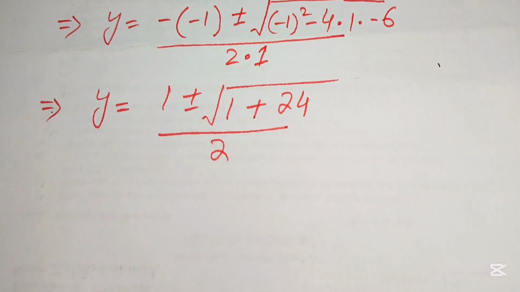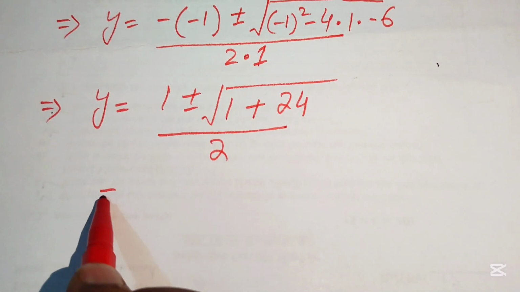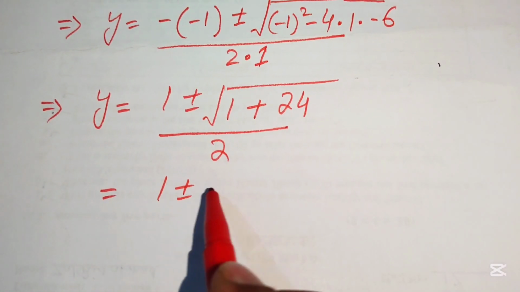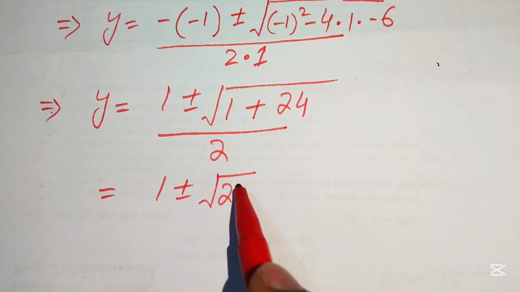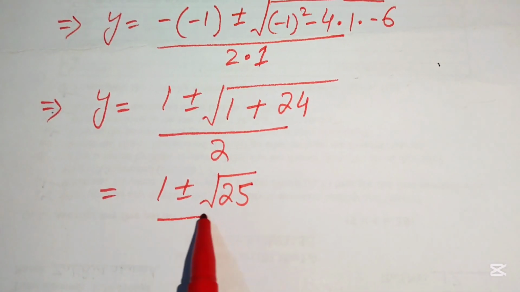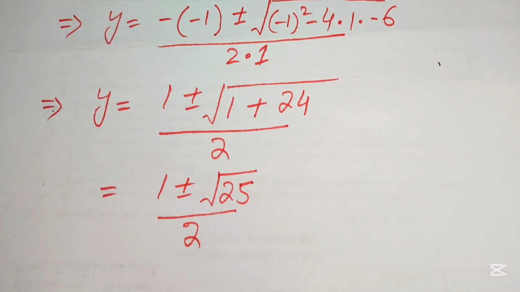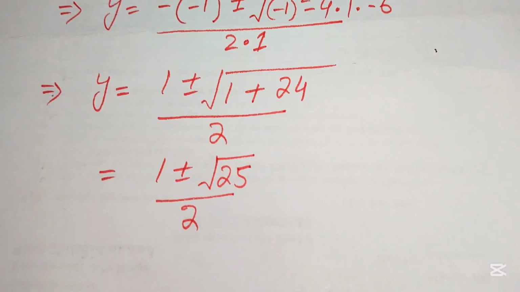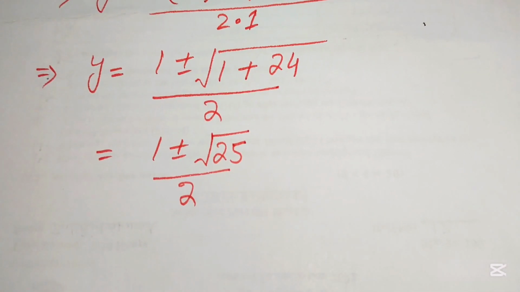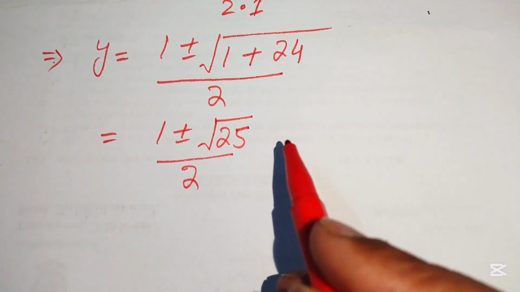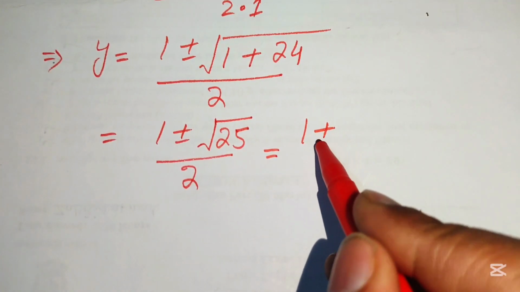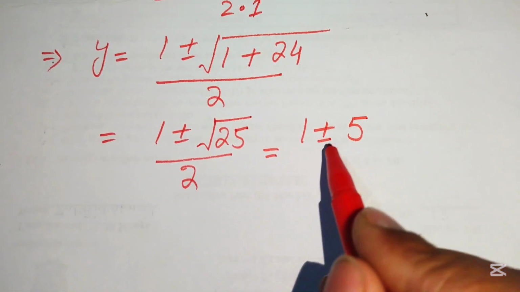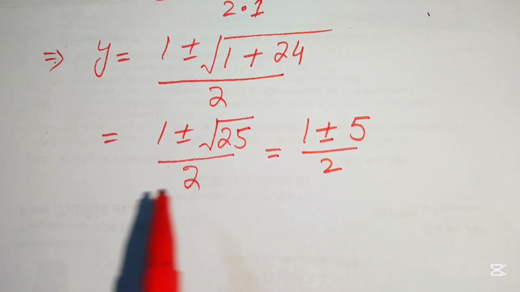After this step we have 1 plus minus square root of 1 plus 24, which equals 25, divided by 2. Further, we know the square root of 25 equals 5, divided by 2.